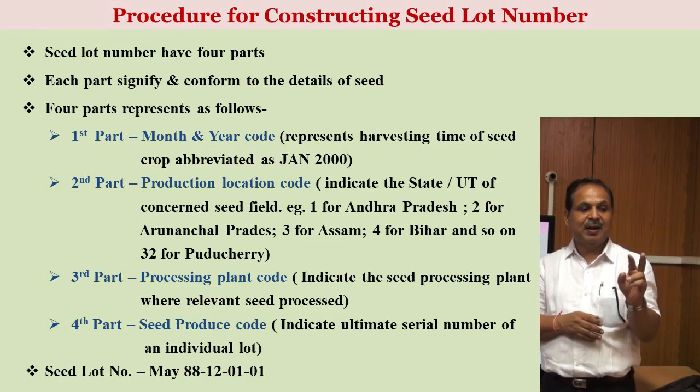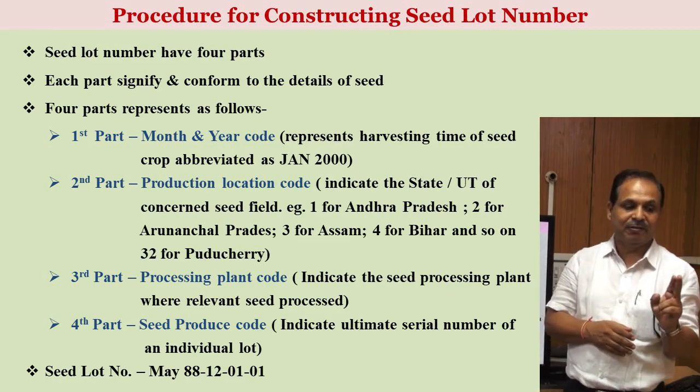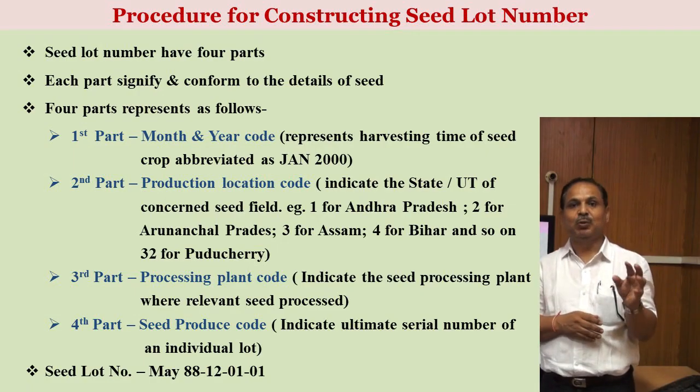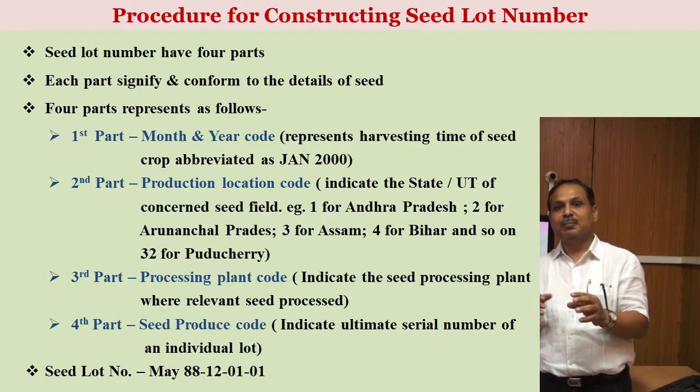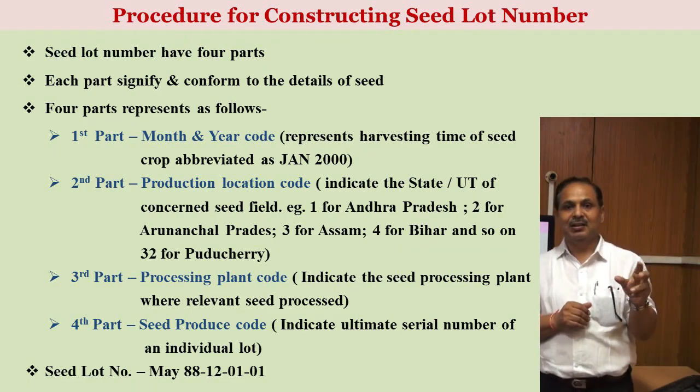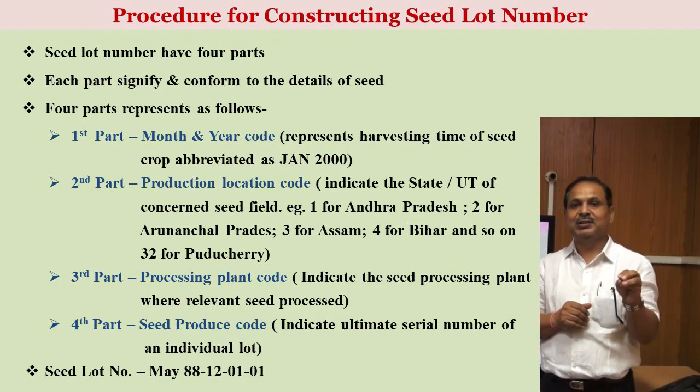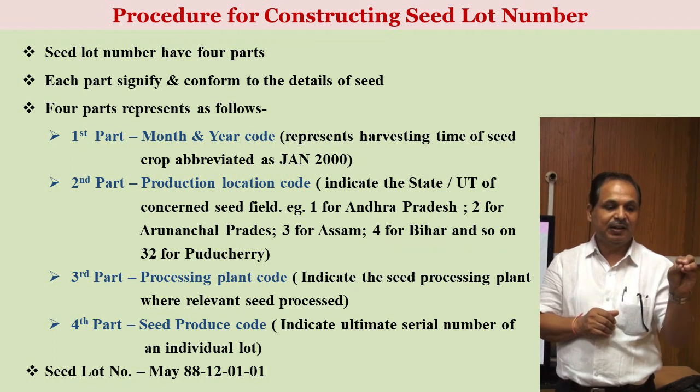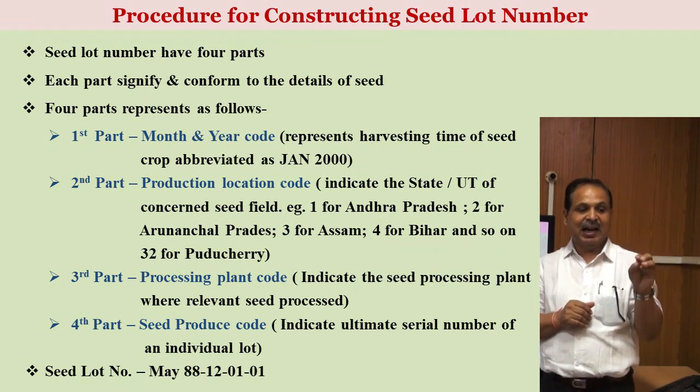The second part is the production location code, 12, which is designated for the state of Madhya Pradesh. So it can be identified that the particular seeds were produced in Madhya Pradesh.